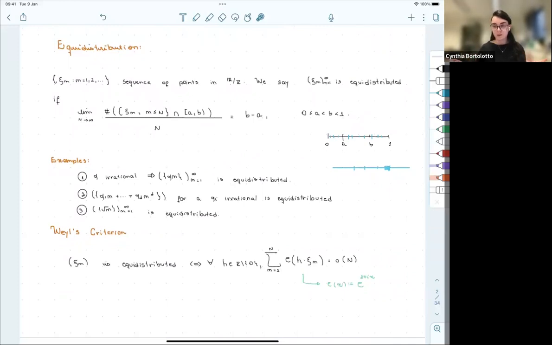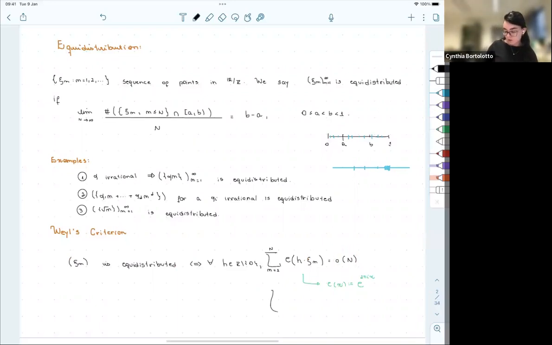It says the following: our sequence sigma_n is equidistributed if and only if, for every non-zero integer h, the sum up to n of e(2 pi i h sigma_n) is little o of n.